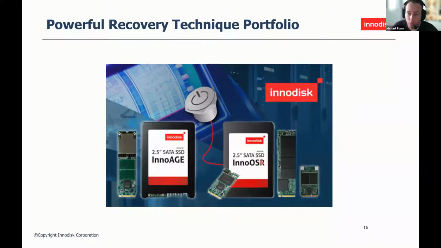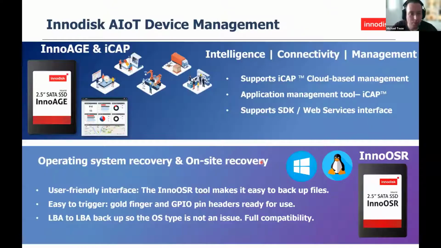Now, what do they do? What the devices do is an operating system recovery and on-site recovery. So let's say a firmware update was done or a software update was done and something went horribly wrong overnight, and your factory is not running anymore in the morning.